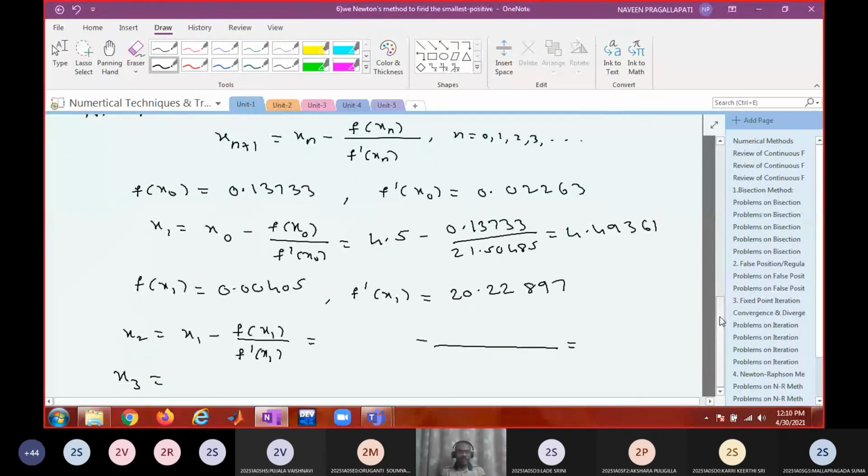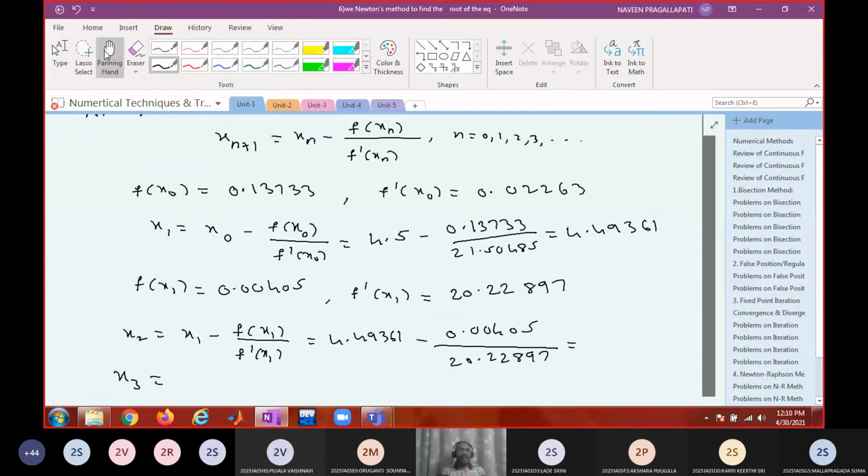Okay, so compute x2. x2 is x1 minus f of x1 by f dash of x1. x1 is 4.49361, minus 0.00405 divided by 20.22897.